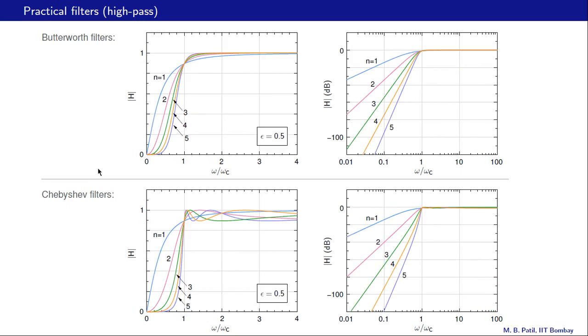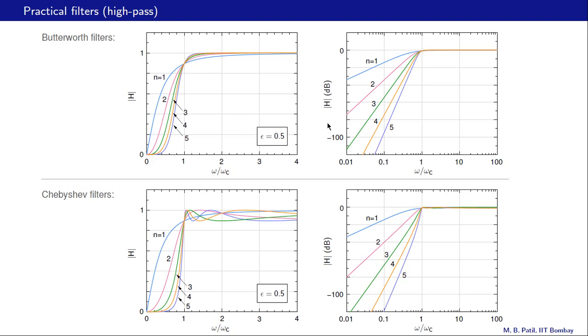Here are the corresponding plots for Butterworth filters and Chebyshev filters for high pass filters. And they are very similar to the low pass case, except of course that the functionality is now different. The high frequencies are passed and low frequencies are rejected.